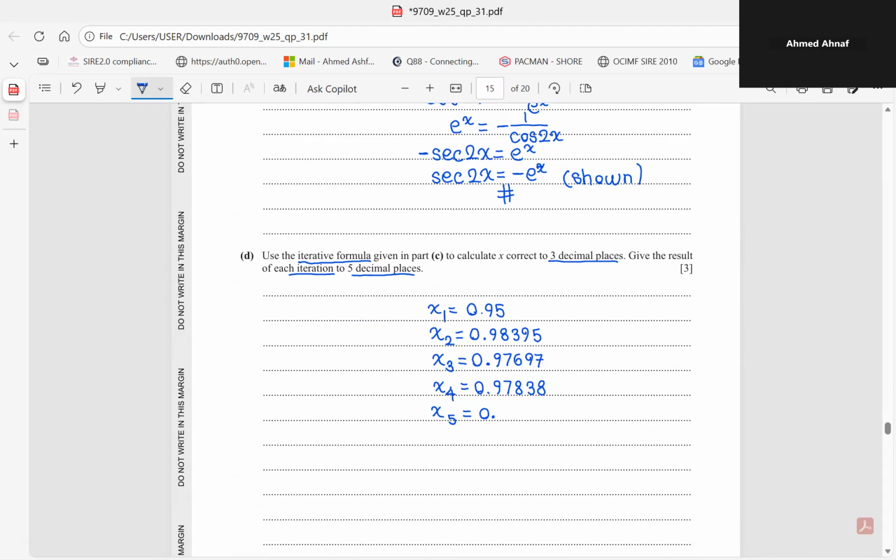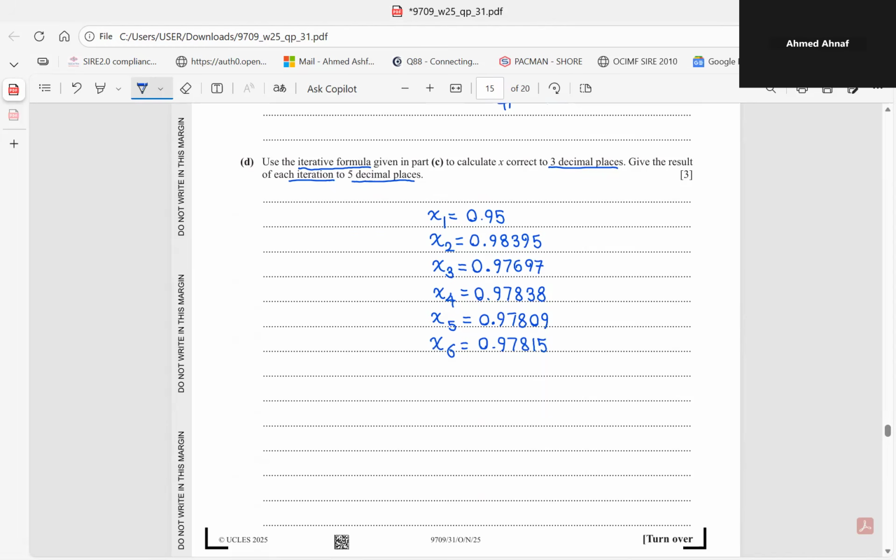Okay, we got 0.97809, and x6, we got 0.97815, and x7, we'll get 0.97814. So you can see they're starting to hover very close to each other.